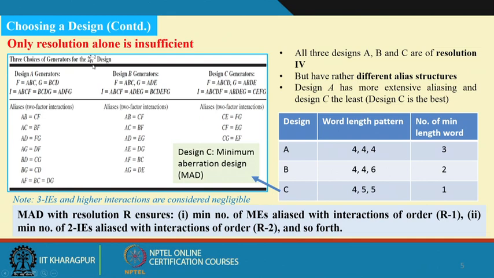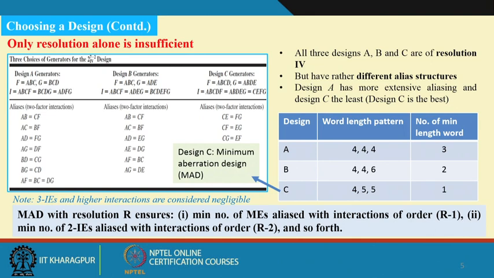Now, under this situation, for the resolution 4 case, see how you can generate the design. So, here how many factors are there? 7 factors. That means A, B, C, D, E, F and G.